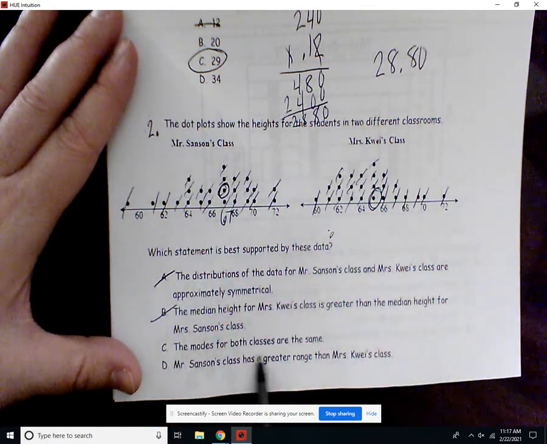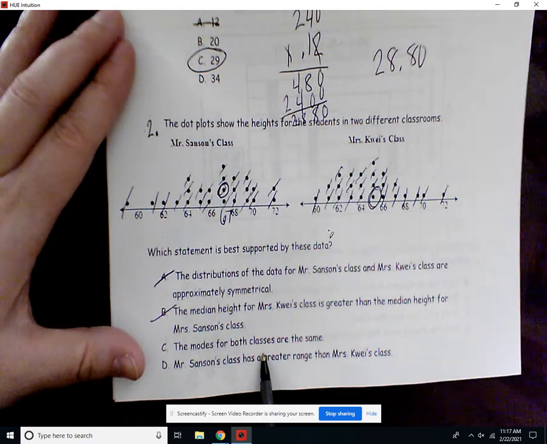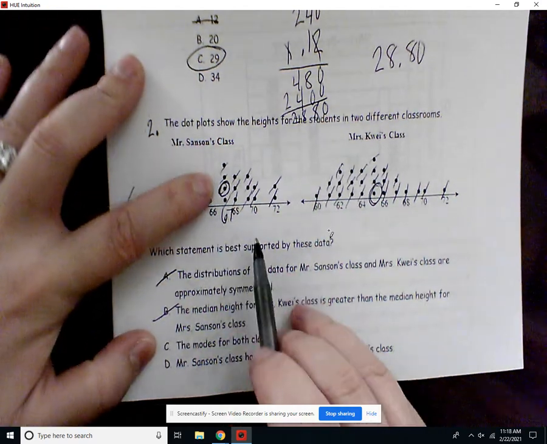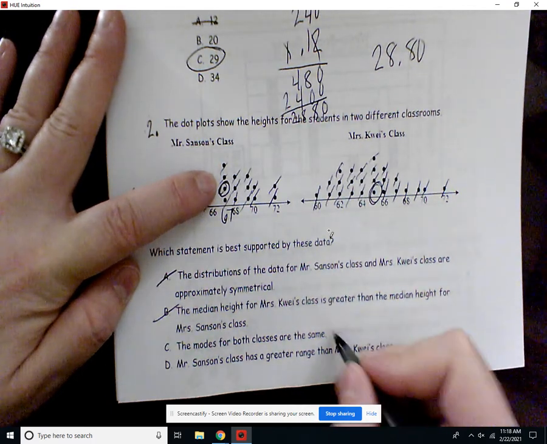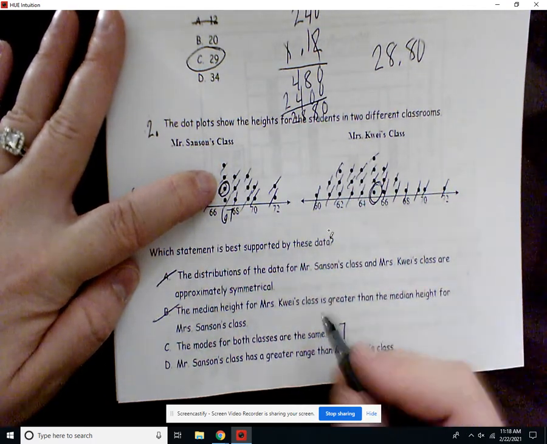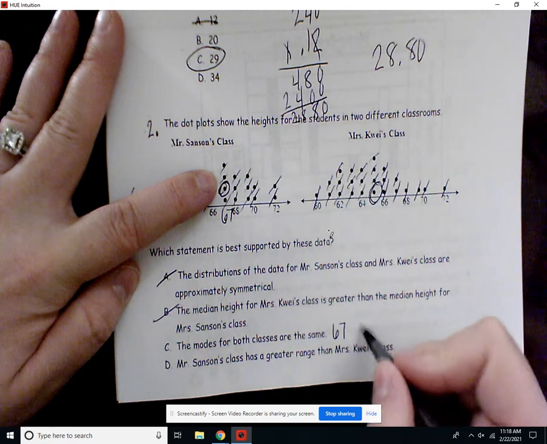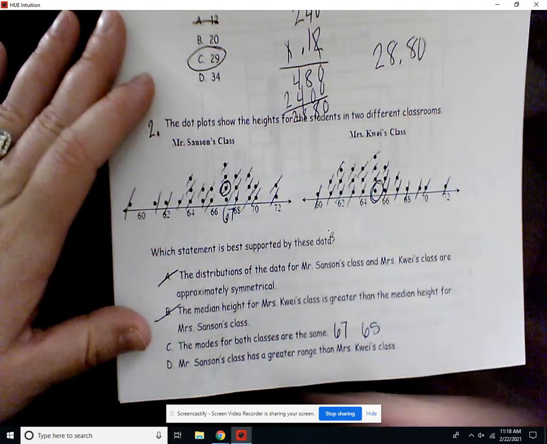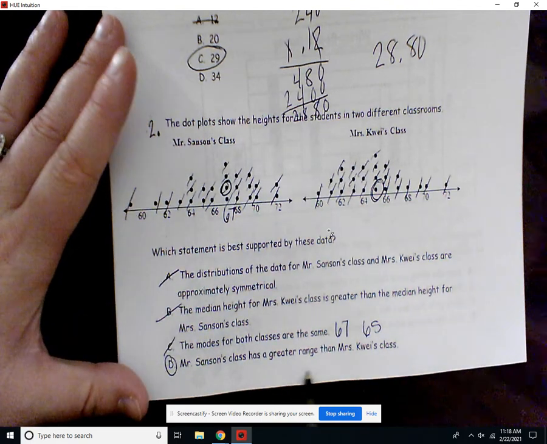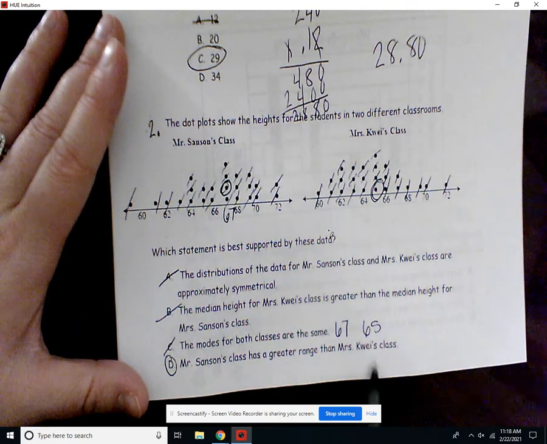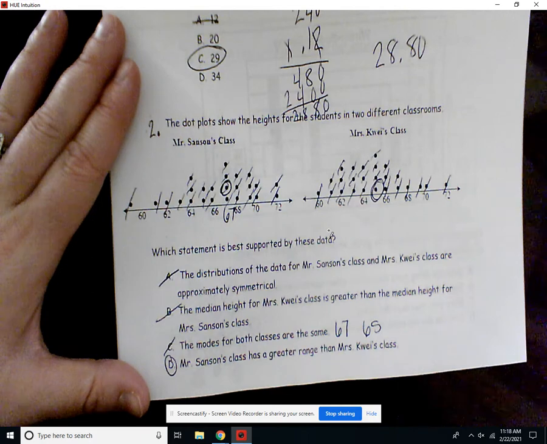The mode for both classes are the same. Mode is the most. The most for Mr. Stanson's is 67, and for Mrs. Kiwi's it's 65, and those are not the same. So it's going to be D, the greater range. Mr. Stanson's range is greater than Mrs. Kiwi's. Range is the highest minus lowest.